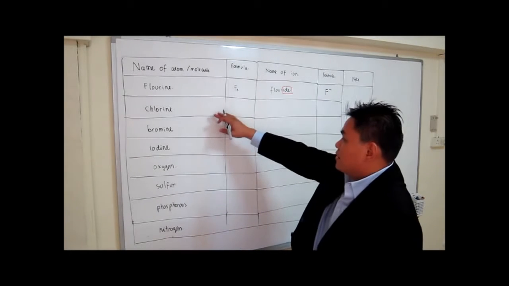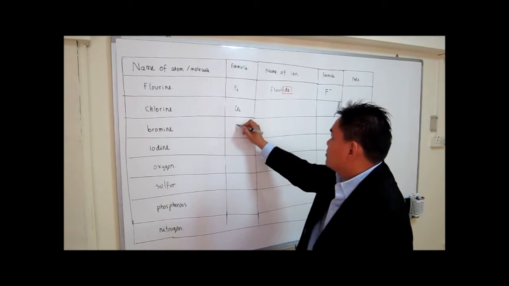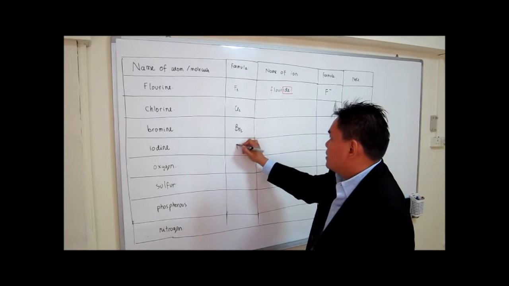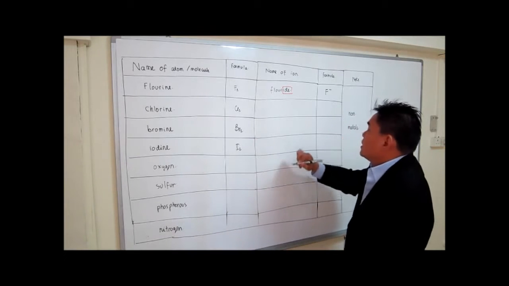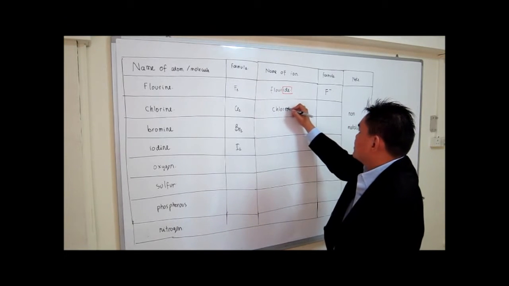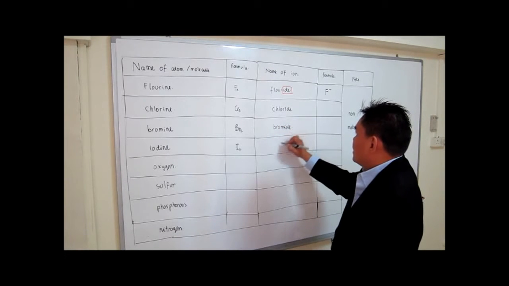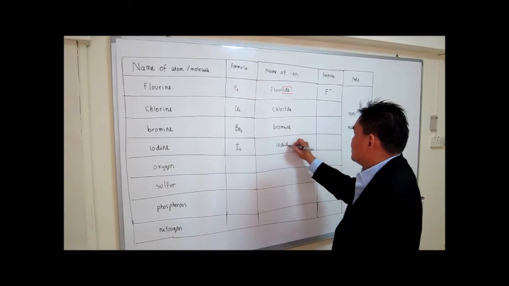And it's applicable to all the other halides. For chlorine, it will be Cl2. Bromine, Br2. Iodine is I2. And the name of the ion, of course, we call it chloride, bromide, and iodide.